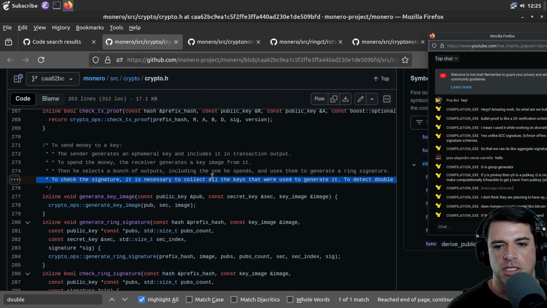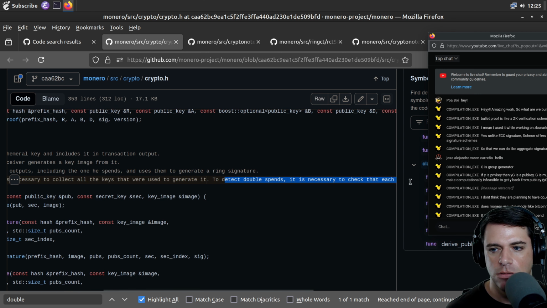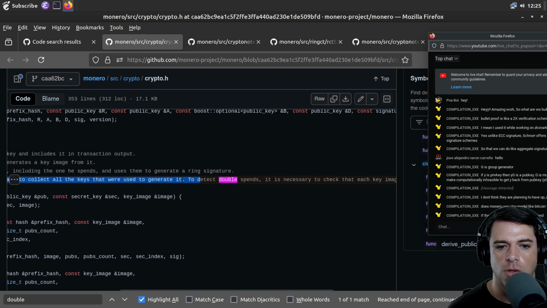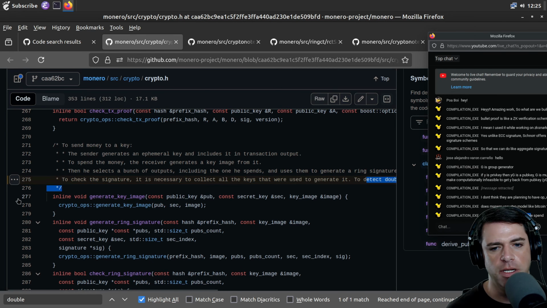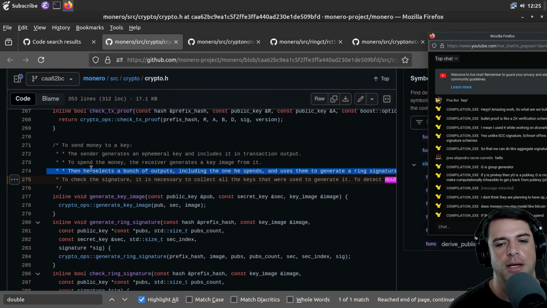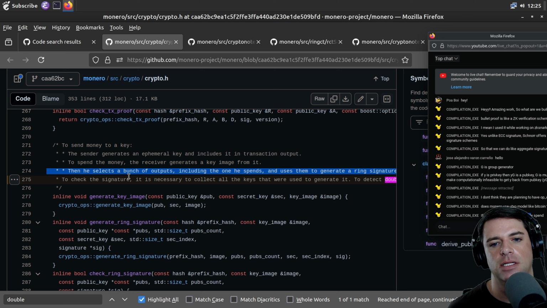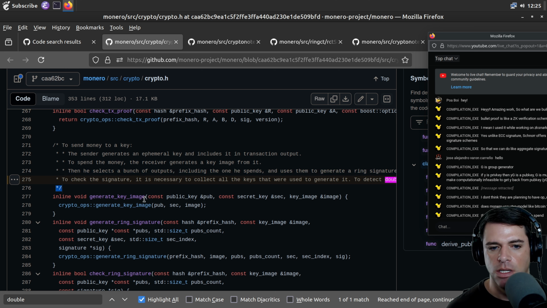To check the signature, it is necessary to collect all the keys that were used to generate it. To detect double spends, it is necessary to check that each key image is used at most once. Okay, so that actually clarifies a little bit, assuming I'm understanding correctly now that the set that can sign the signatures are the outputs, the things that have received money.